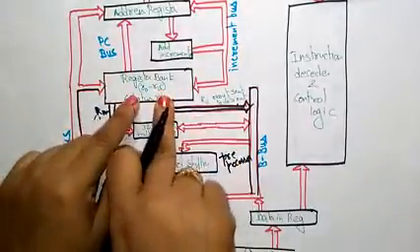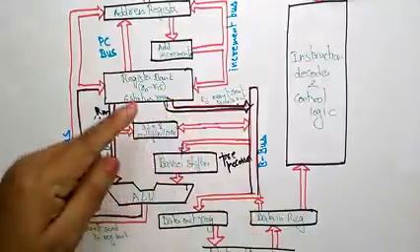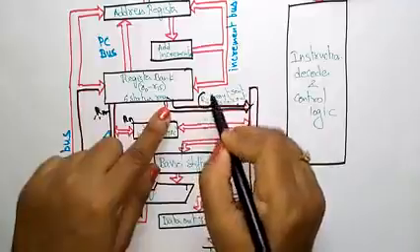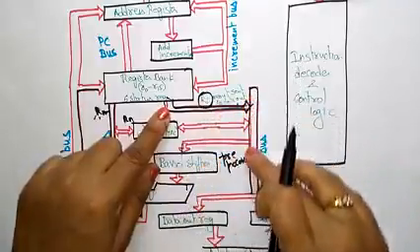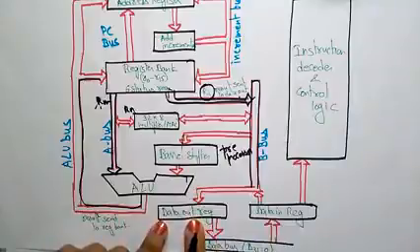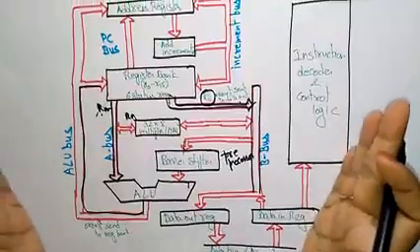So here the RD is the result: whatever the ALU produces will be sent in the form of RD, sent as data out through the B bus, and that data will be sent to the data out register and placed on the data bus. Okay, so this is the operation.